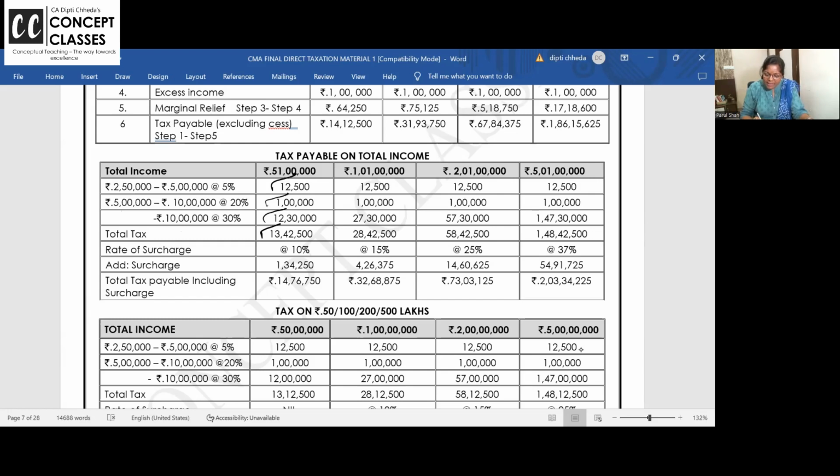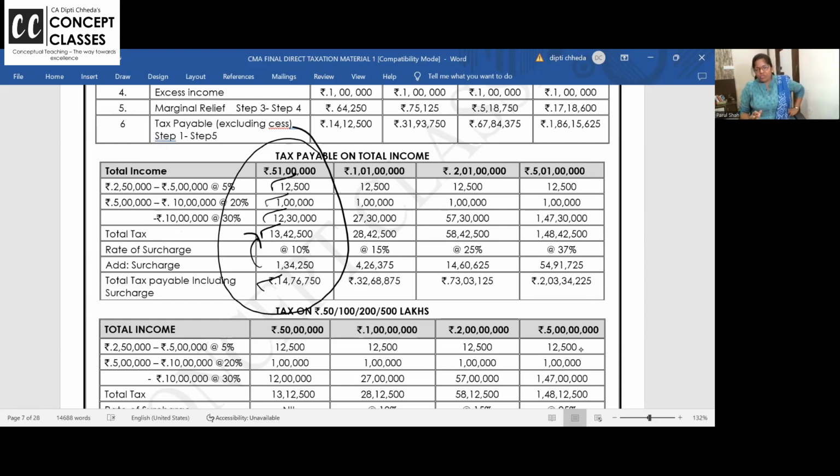Now, because the income exceeded 50 lakhs, on tax you need to pay 10% surcharge. So what is your tax plus surcharge? 14,76,750. Any doubt in this calculation? Simple slab rates.